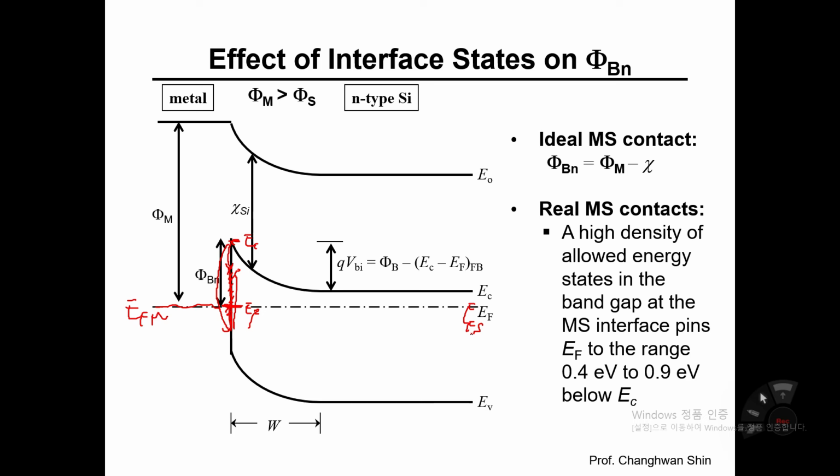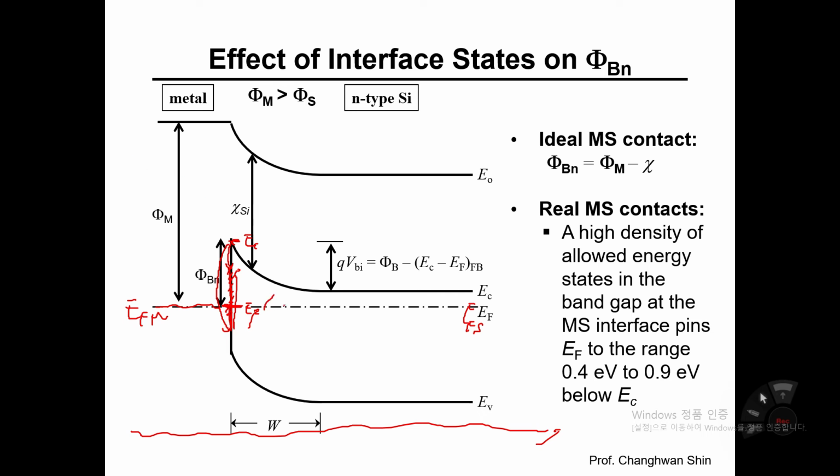So in that process of aligning the two different Fermi energy levels of metal and semiconductor, band bending can happen near the interface. So now we are taking a look at the completed and stabilized energy band diagram at thermal equilibrium. So the Schottky barrier height has been well formed.